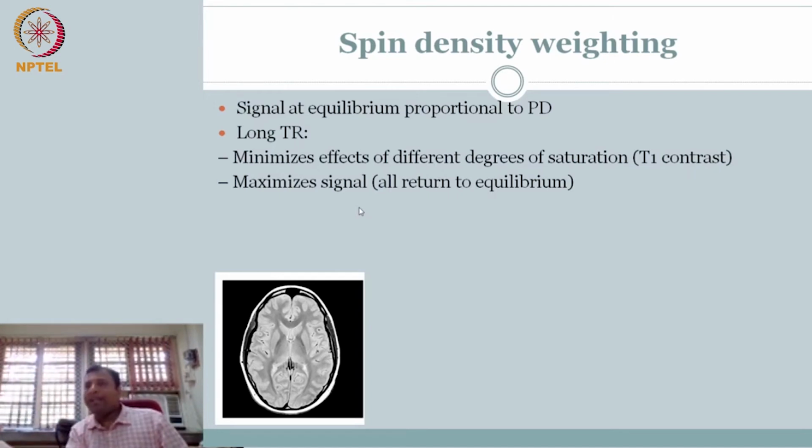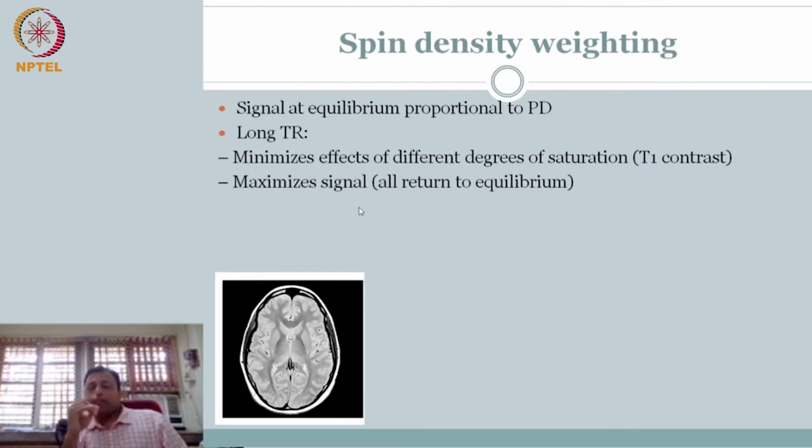If I want to minimize the T2 effect, what should I do? That means I shouldn't allow it to dephase. If I don't allow it to dephase, then initially whatever I measure is only based on PD. Of course, then what I can do is repeated measurement. I don't allow it to dephase, immediately I put a 180 degree pulse, time to echo. I minimize that. So I'm still not having the effect of T2, I have not allowed it to dephase.